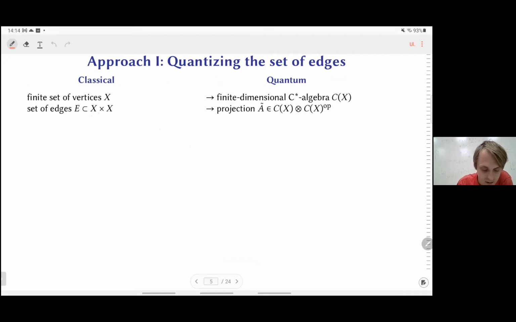Classically, this is a subset of the Cartesian product, X cross X. When we want to describe this using algebras of functions, we of course take the algebra of functions over the space, which is the tensor product of the corresponding algebras over X. So that's what we have here.